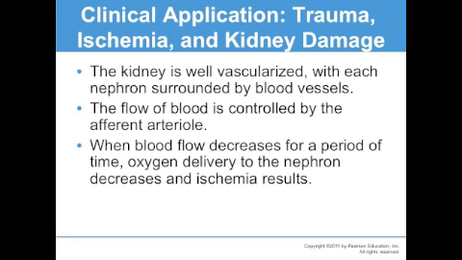When blood flow decreases for a period of time, such as during times after trauma or sudden illness that's very bad, oxygen delivery to the nephron decreases, and if it's bad enough, it can result in damage for lack of oxygen, and we call that kind of damage ischemia.